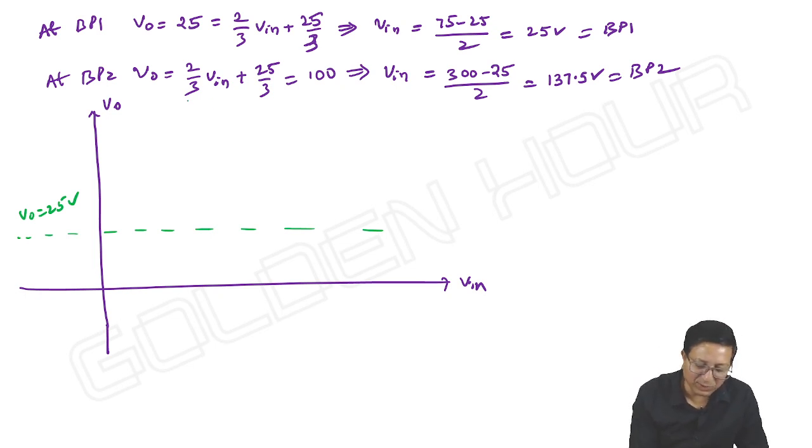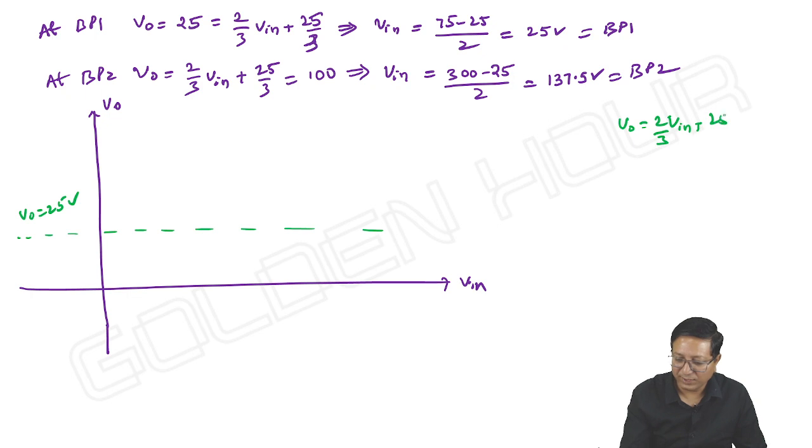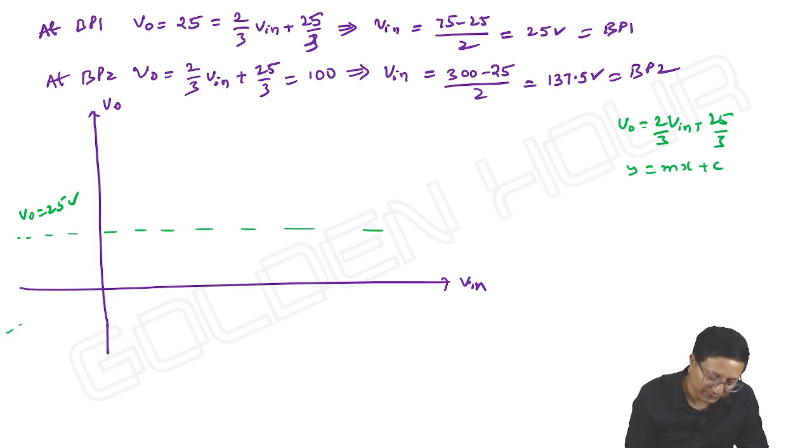So it is like Y is equal to mx plus C. The intercept on the axis is positive. So I can take it this way.